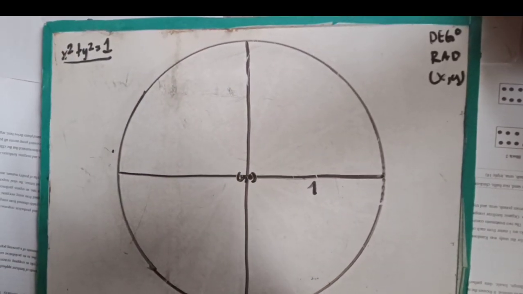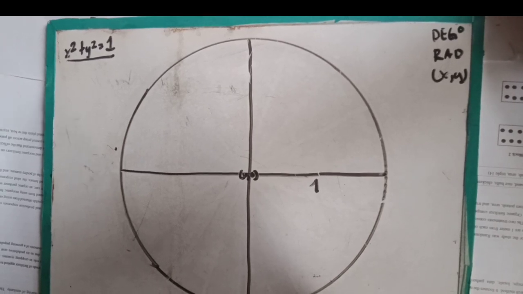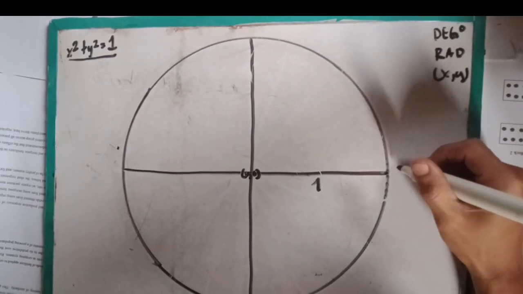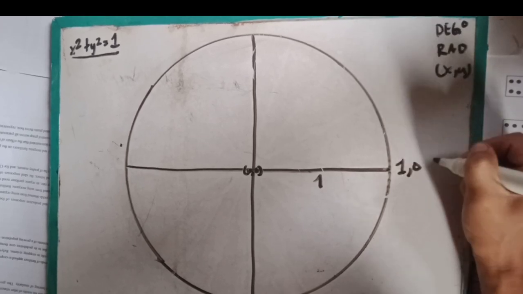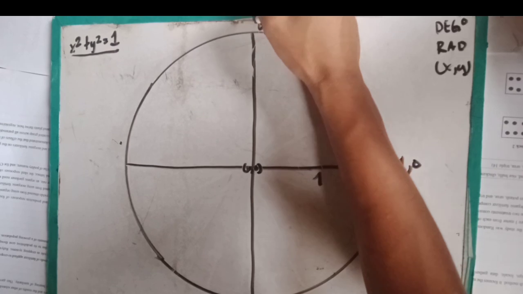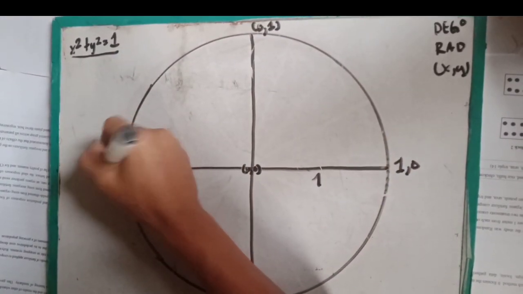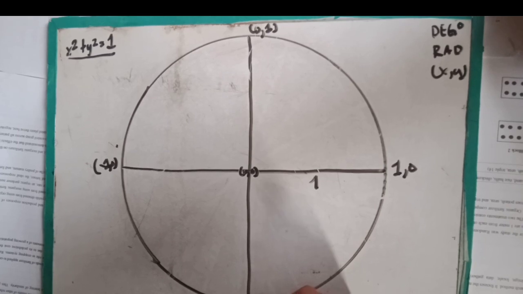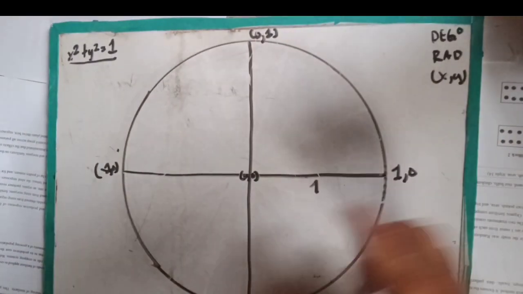Then we must know that the unit circle has x and y coordinates. So right here is (1, 0). Over there is (0, 1). Right here is (-1, 0). And lastly (0, -1). So those are the x and y coordinates.